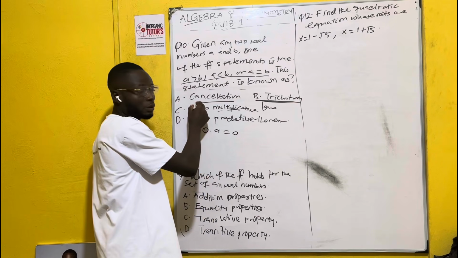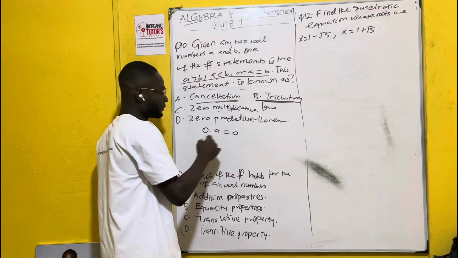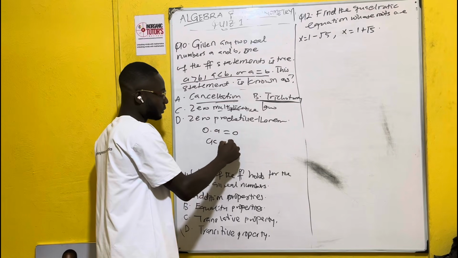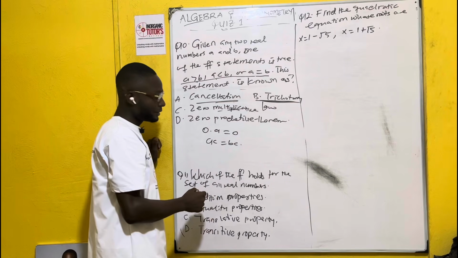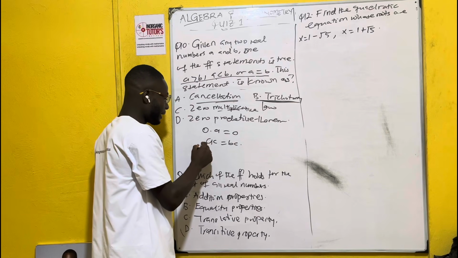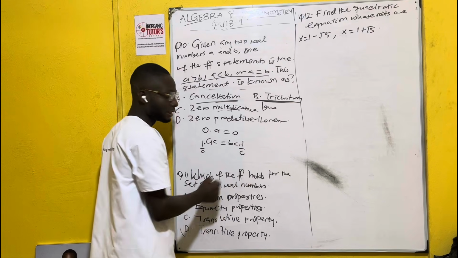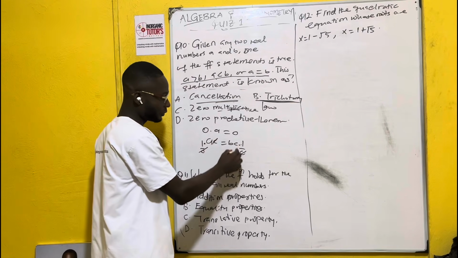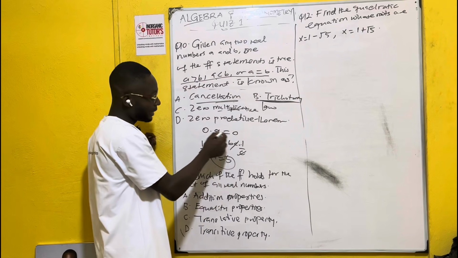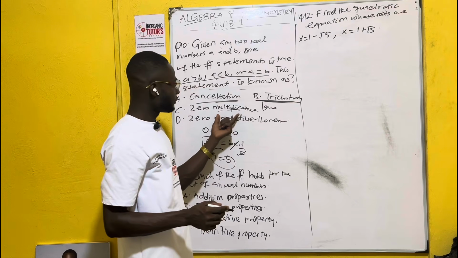We have the cancellation law, where AC is equal to BC. You multiply by 1 over C on both sides, and this cancels this, and this also cancels this, and you have A is equal to B. This is the cancellation law.